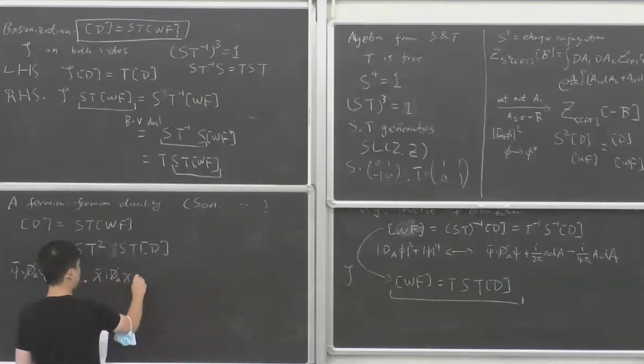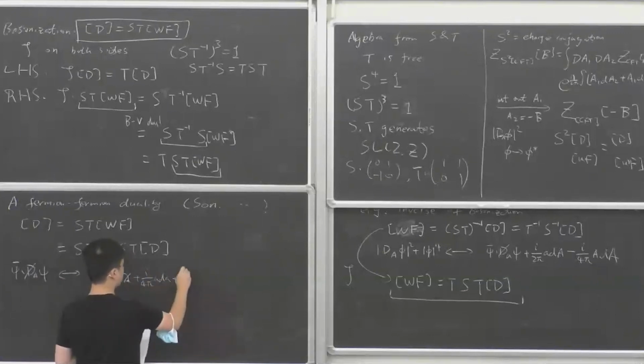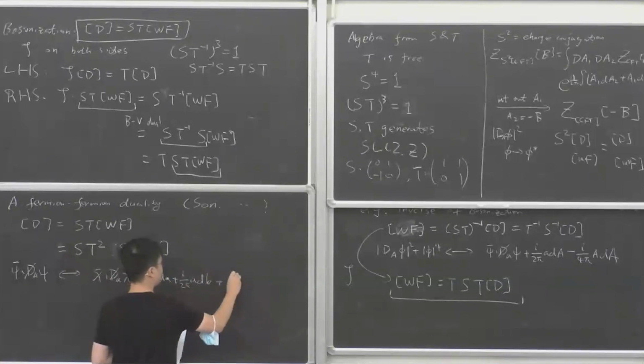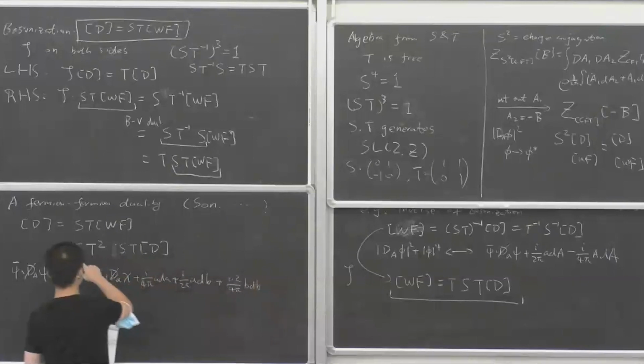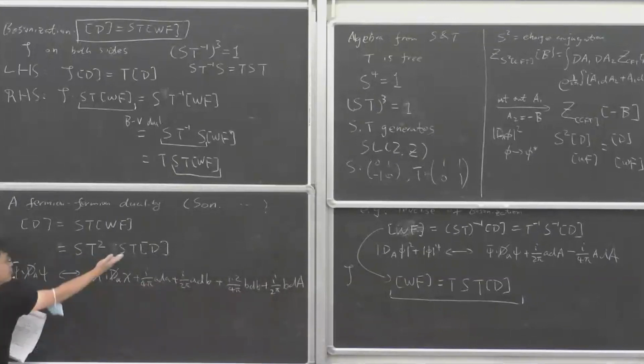T means there's additional Chern-Simons shift. S means it's dynamical, of course. A, D, B. Another T squared just means you have a level 2 Chern-Simons term added. And the final S is just the old friend, B, D, A. Right, so it seems to be a long equation, but it's just unpacking this thing.